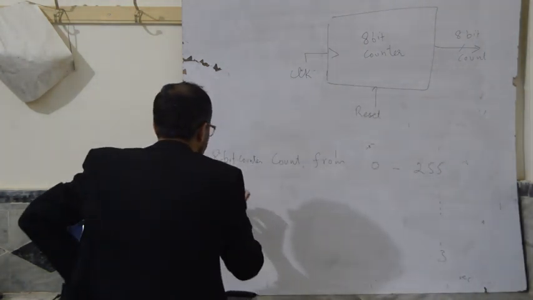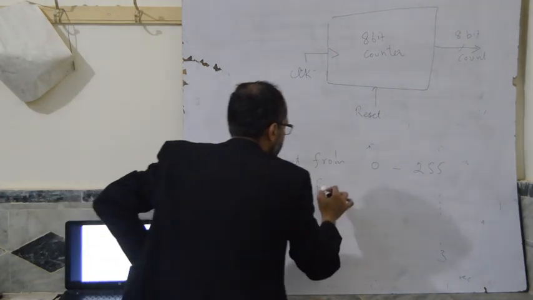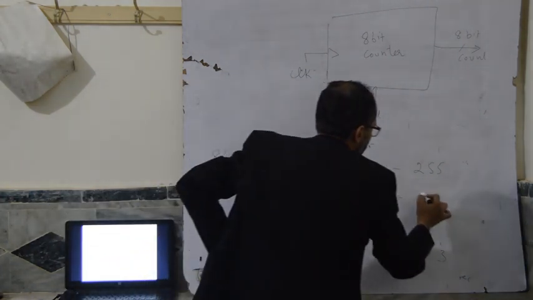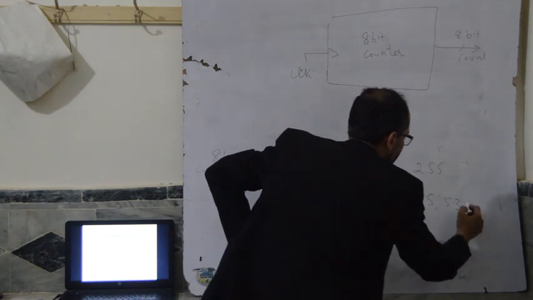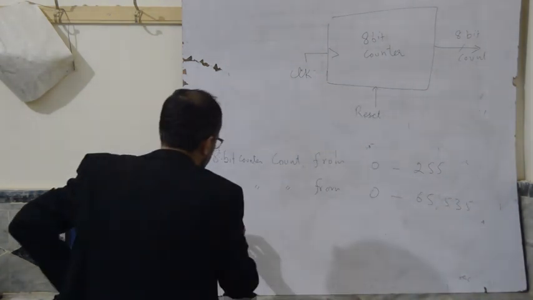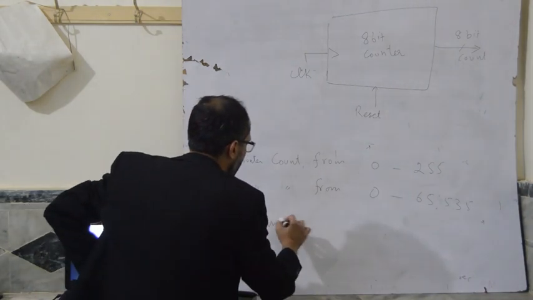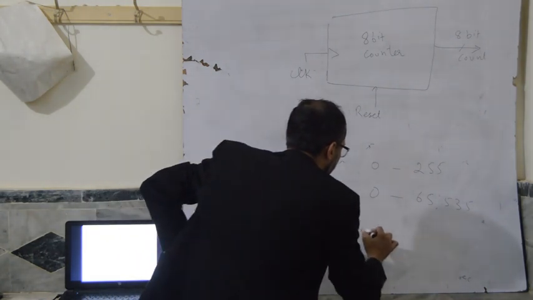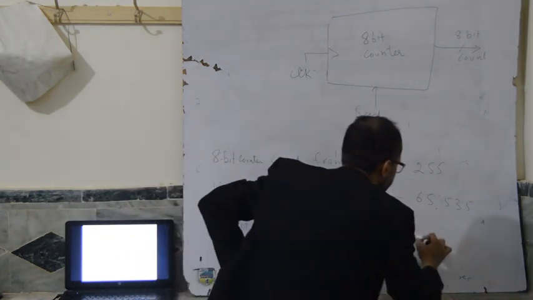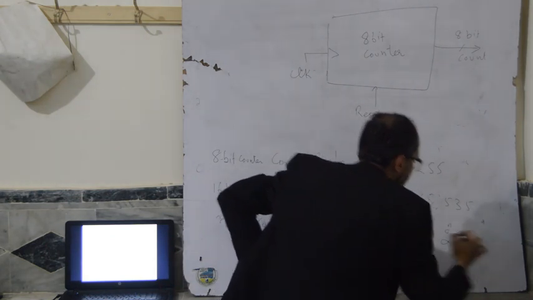If we have a 16-bit counter, it will count from 0 to 65,535. Generally speaking, an n-bit counter will count from 0 to 2 raised to power n minus 1.